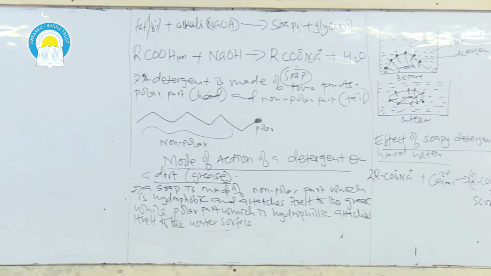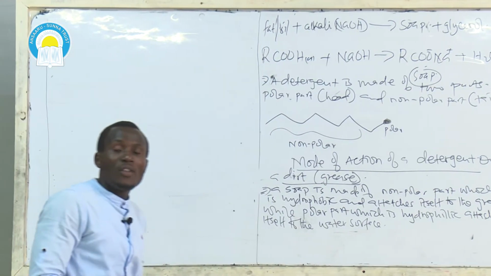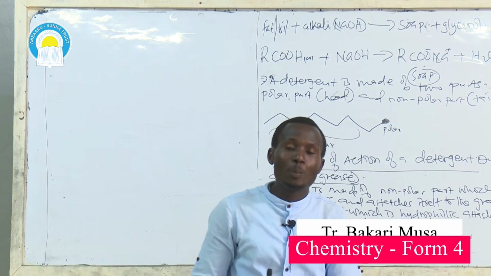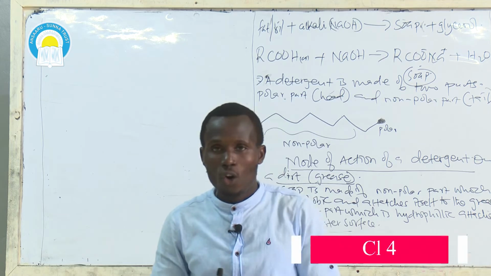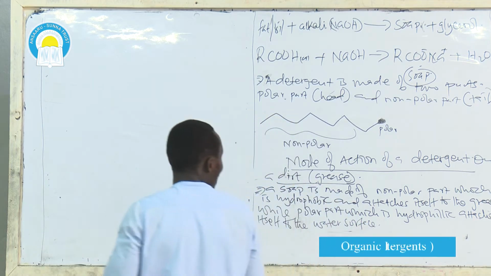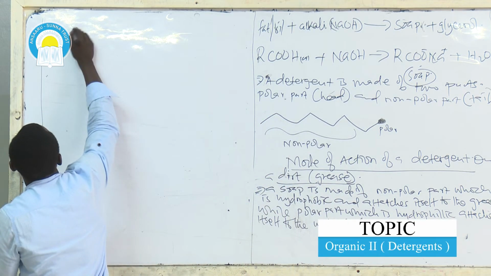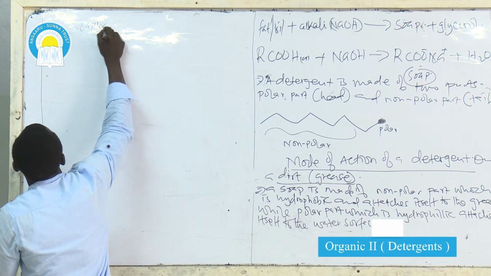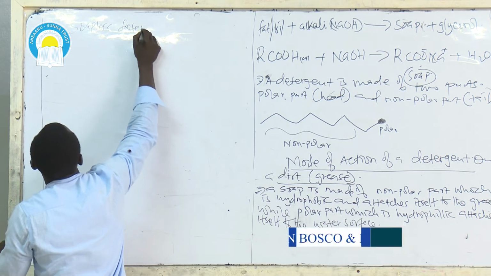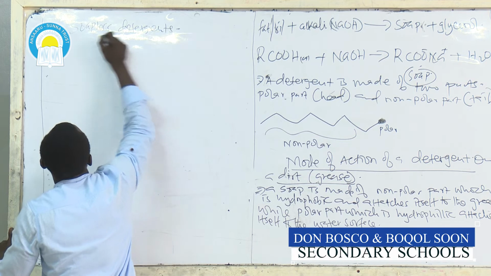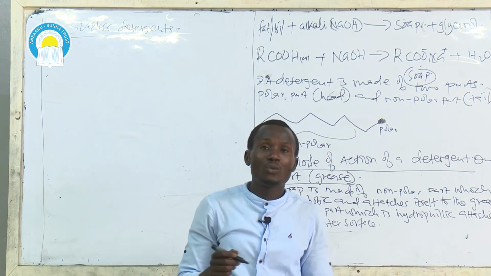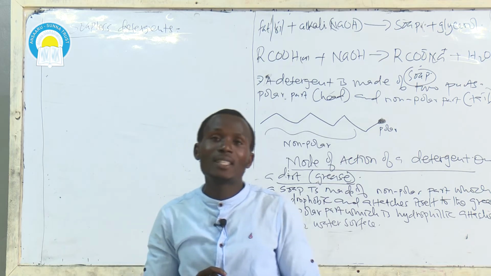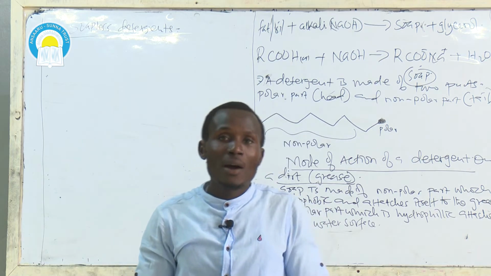When you talk about the soapless detergents, the hydrocarbon part is obtained from crude oil. The soapless detergents are distinguished from the soapy detergents by the sulfonate part.